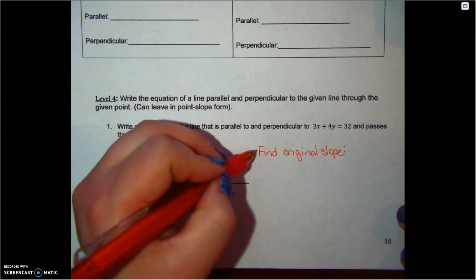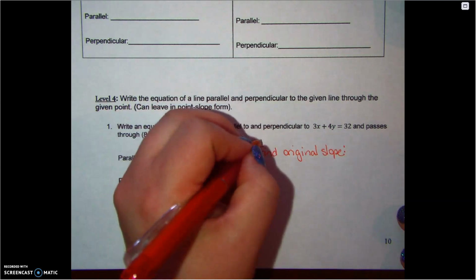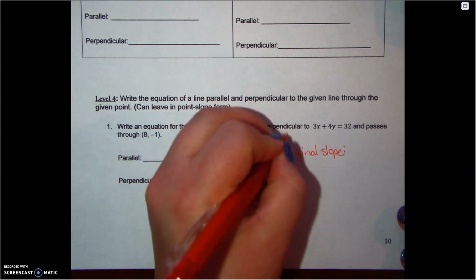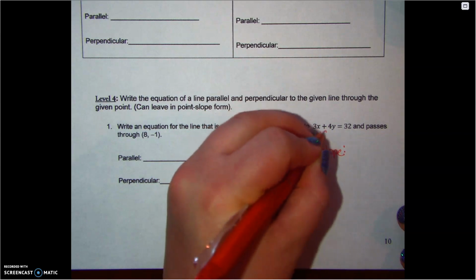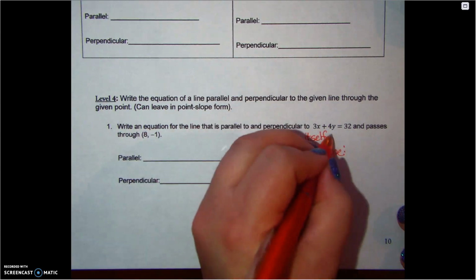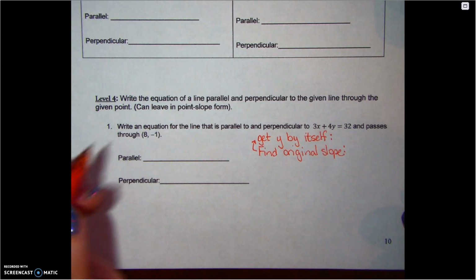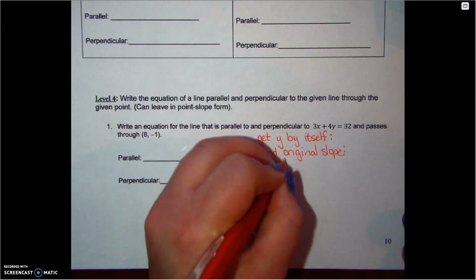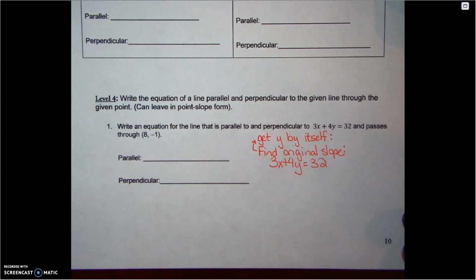But before we are able to find that original slope, we have to get y by itself. Okay, so I'm going to first take my 3x plus 4y equals 32, and I'm going to get y by itself.